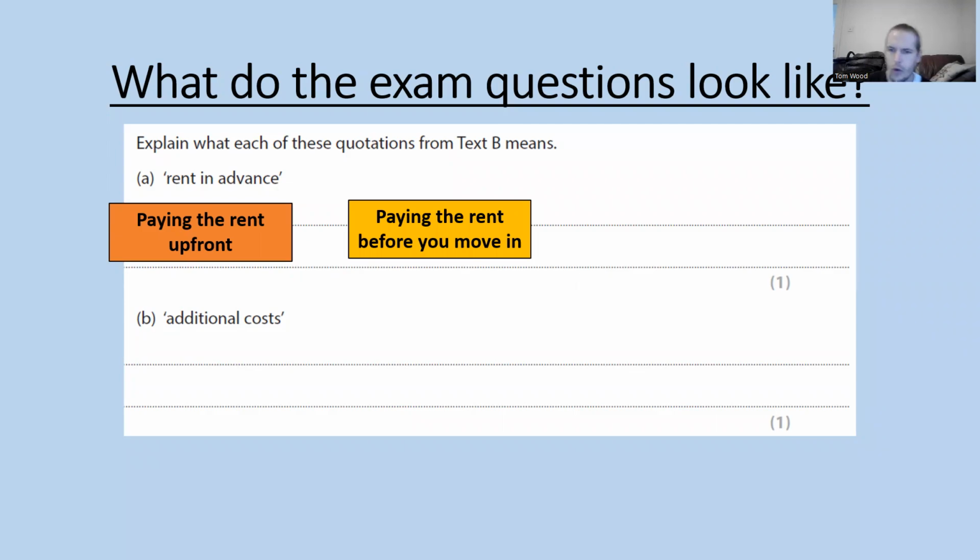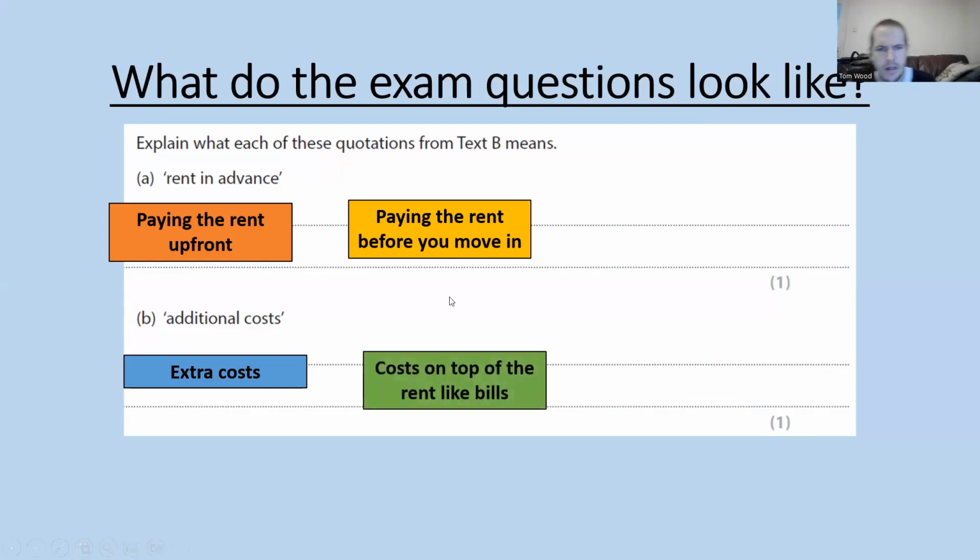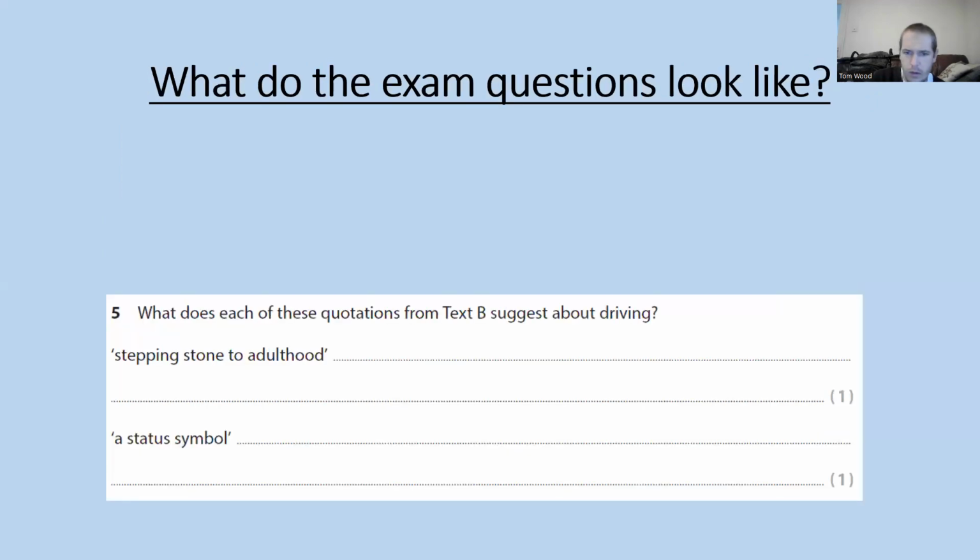So for additional costs then, if we look at this one, we could have extra costs. So for our additional costs, then we could say extra costs, or we could say costs on top of the rent, like bills.